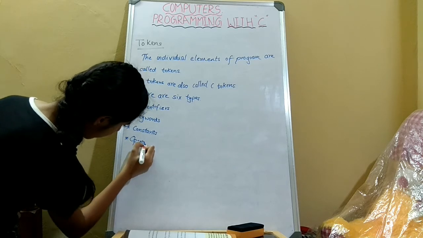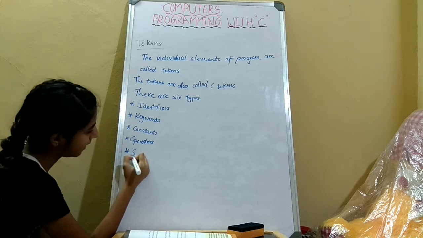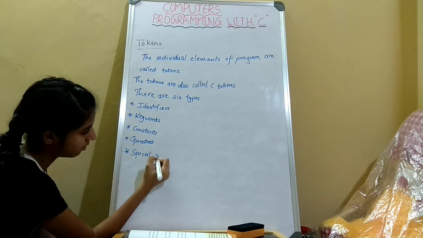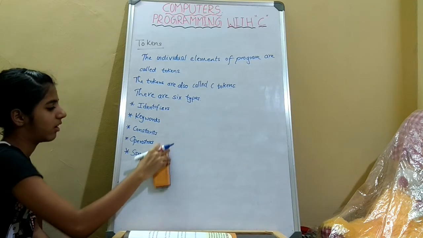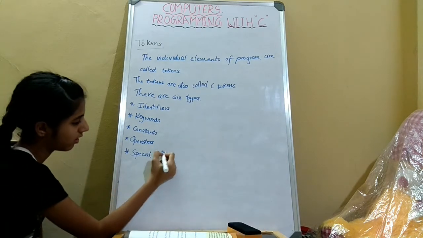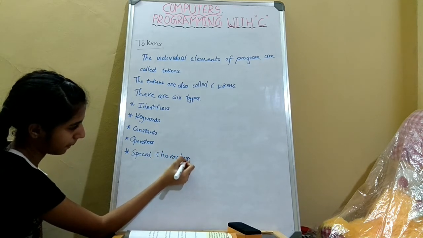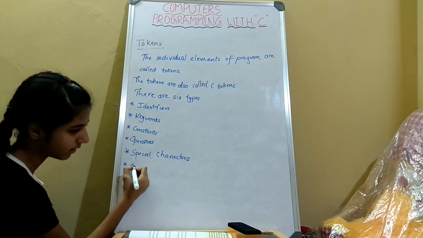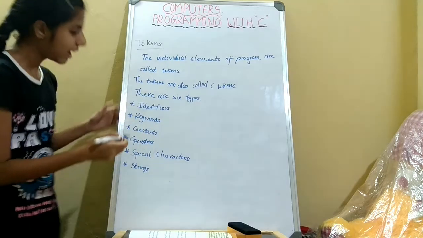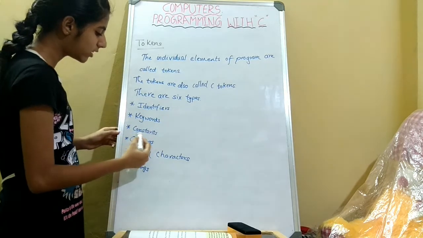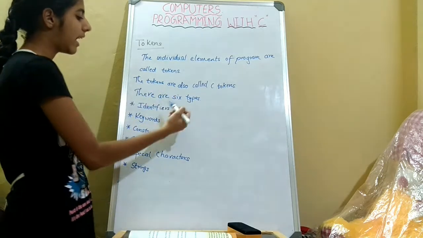Constants, operators, special characters, strings. So these are the six things: identifiers, keywords, constants, operators, special characters, strings. Now we'll discuss each one by one.